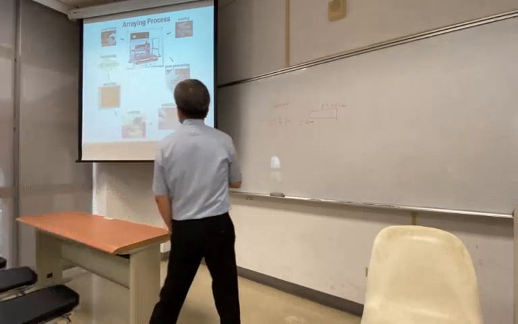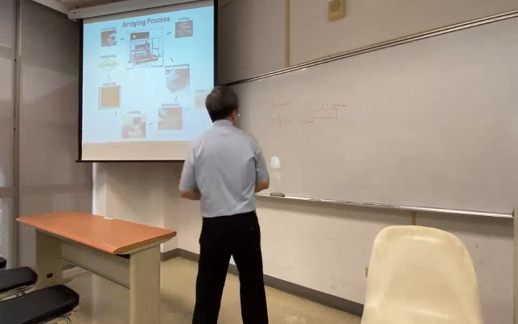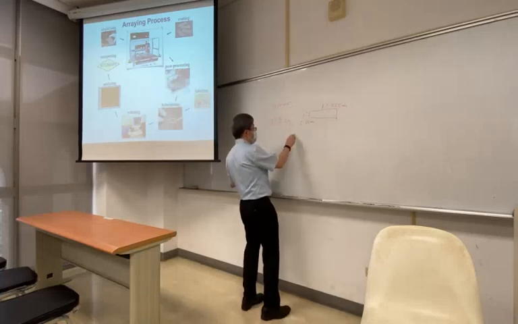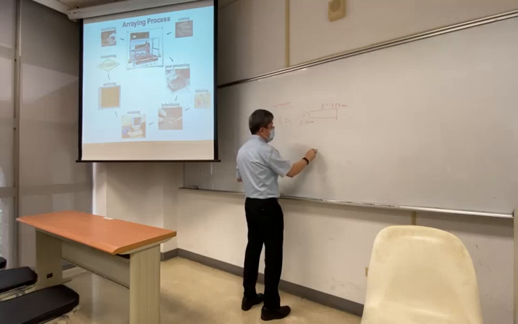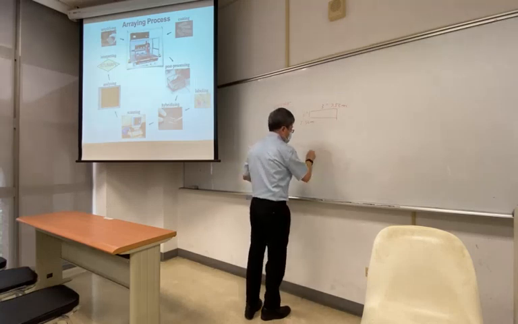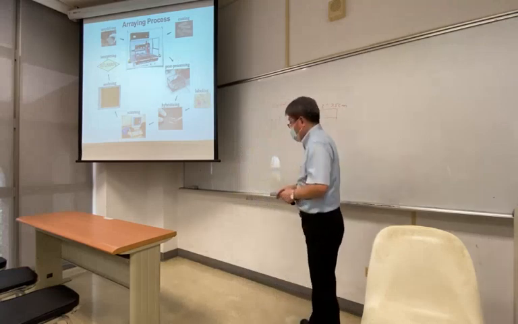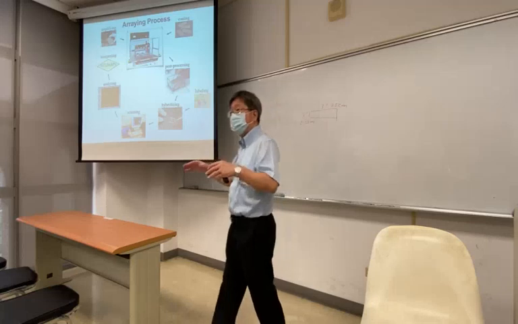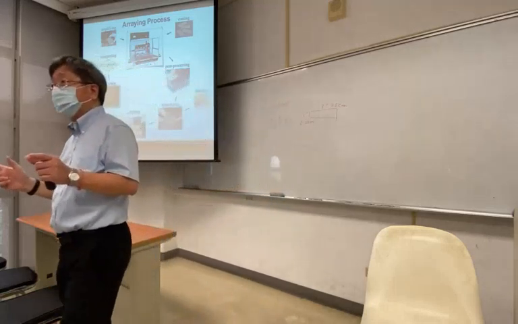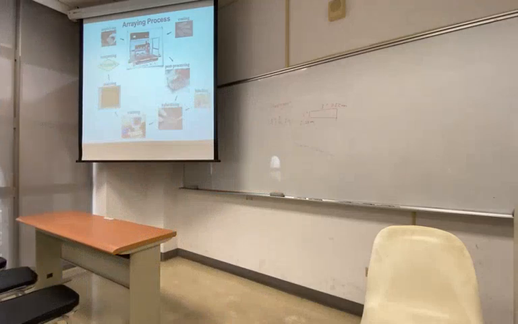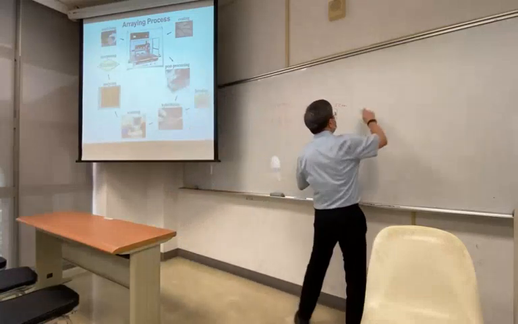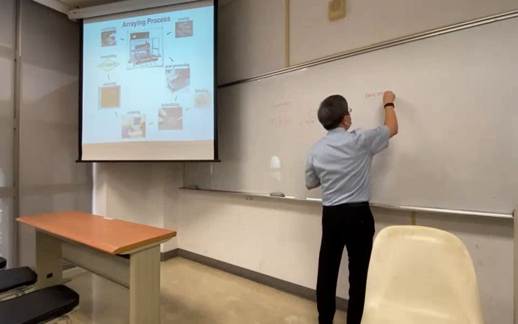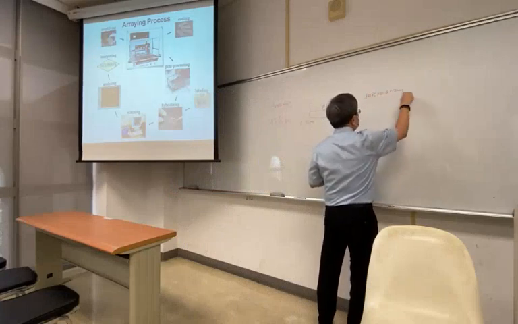Each individual spot you see here is roughly about 100 micrometers in diameter. In Chinese, 它的直径只有100个 micron, which is a very tiny spot. That's why we call it microarray.